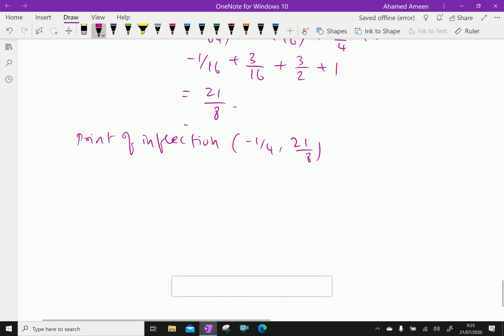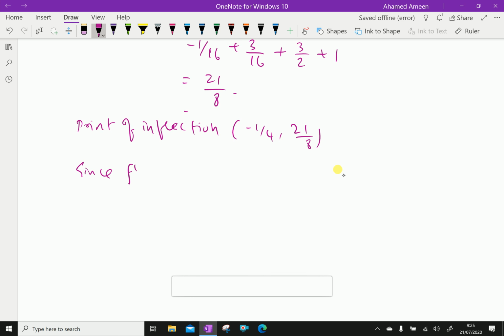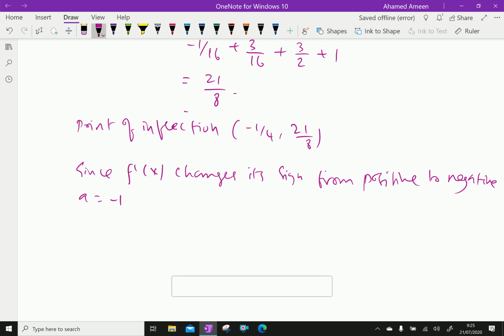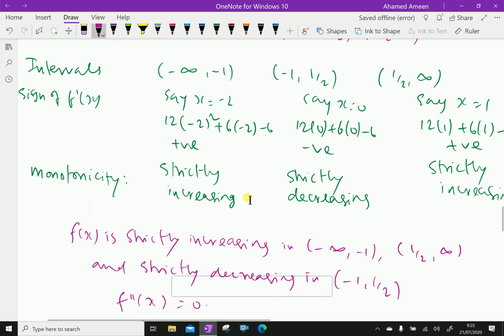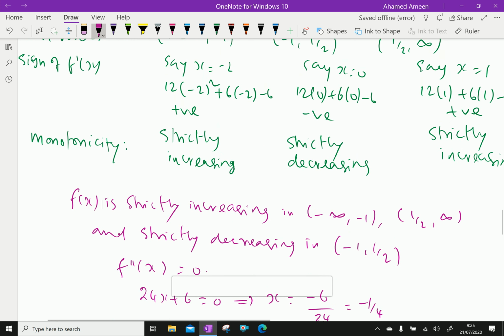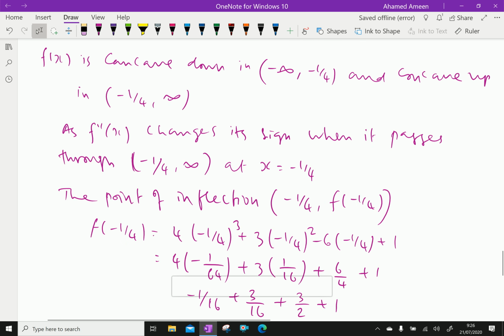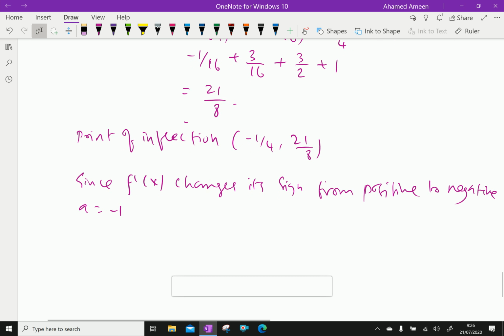Now further, since f dash of x changes its sign from positive to negative at x equal to minus 1, it has a local maximum at x equal to minus 1.